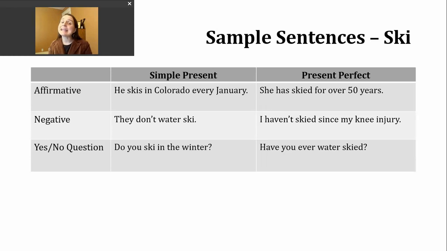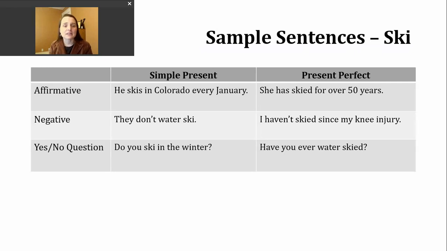Now, if I want to make a negative simple present sentence, I'm going to use either do not plus the base verb, or you might hear native speakers use the contraction don't ski, and that's used with the subjects I, you, we, and they. If our subject is he, she, or it, then we're going to use does not or doesn't plus the base verb.